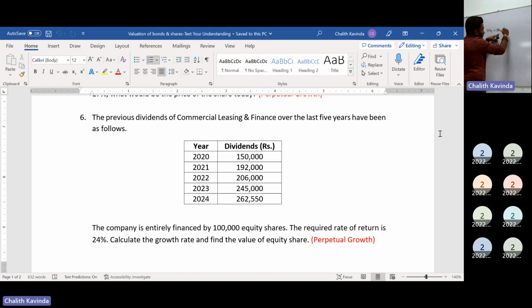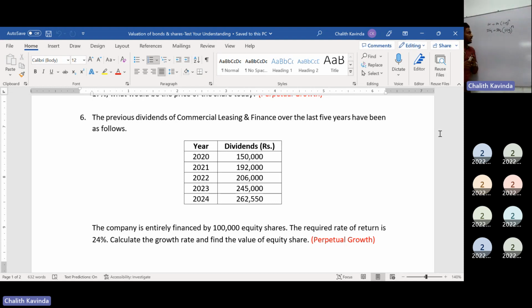Then what you do? You add the growth rate. So simply your future value equals present value times 1 plus growth rate to the power n. This is the mathematical formula, your future value formula.